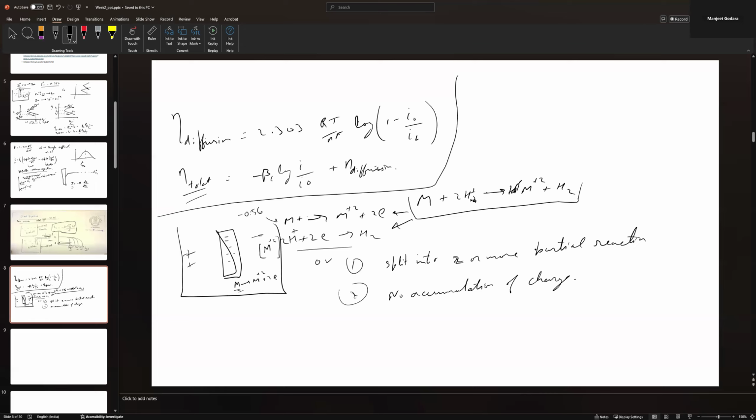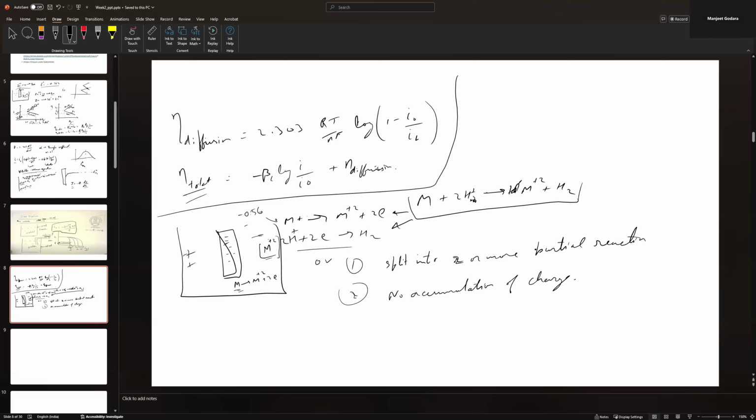This cannot happen. Simultaneously, there should be another reaction taking place which accepts this electron and reduces itself, balancing out the charge.